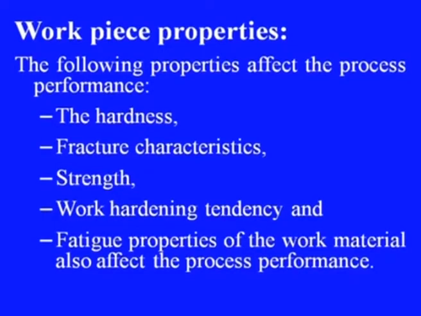These things are very important as far as the characteristics of the abrasive slurry are concerned. As far as the workpiece properties are concerned, the following properties affect the performance: the hardness, fracture characteristics, strength, work hardening tendency, and fatigue properties of the work material. These are some of the parameters that affect the process performance.